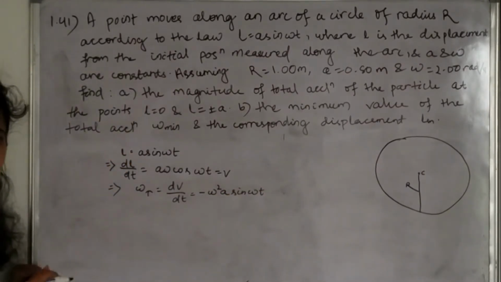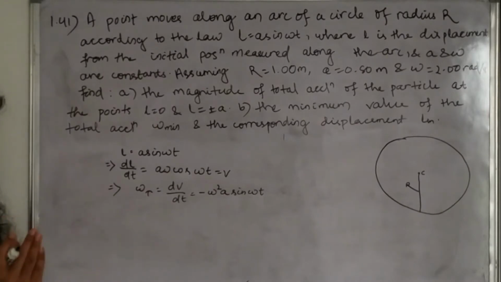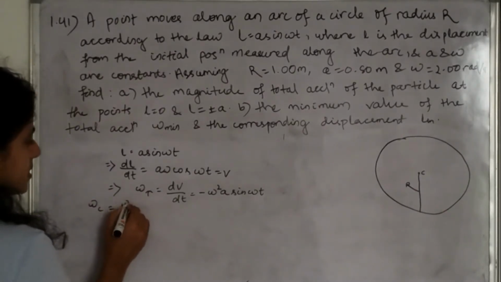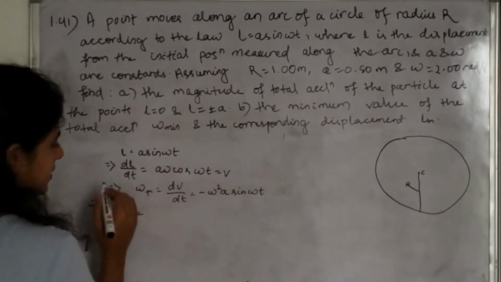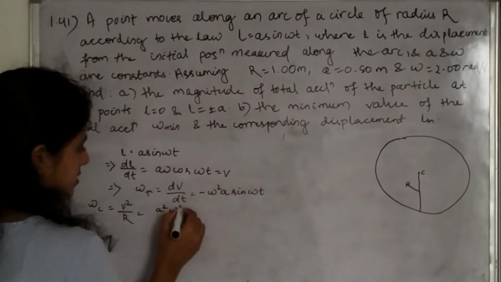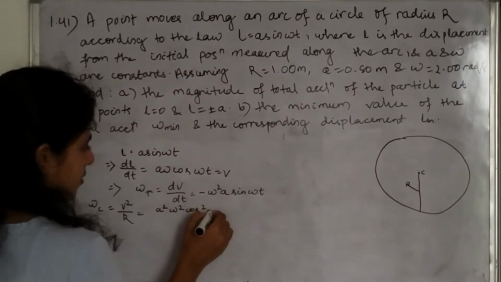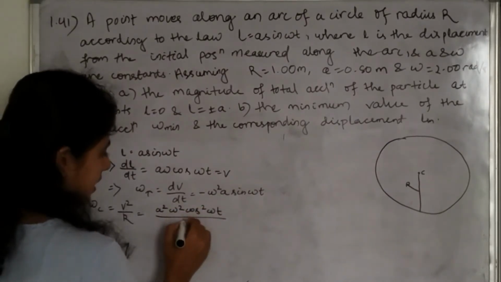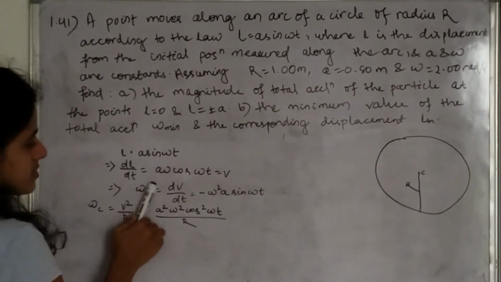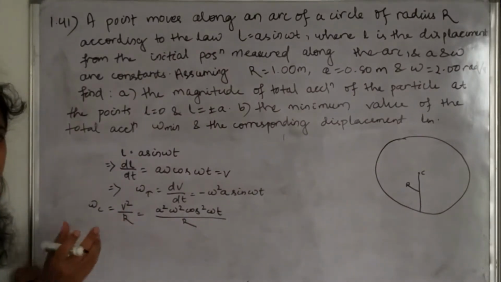Next, we have to find the normal acceleration, that means radial or centripetal acceleration. So this will be how much? V square divided by r. V is how much? We have got a square omega square cos square omega t divided by r. Centripetal acceleration we have got, tangential acceleration we have got. How to find the total acceleration?